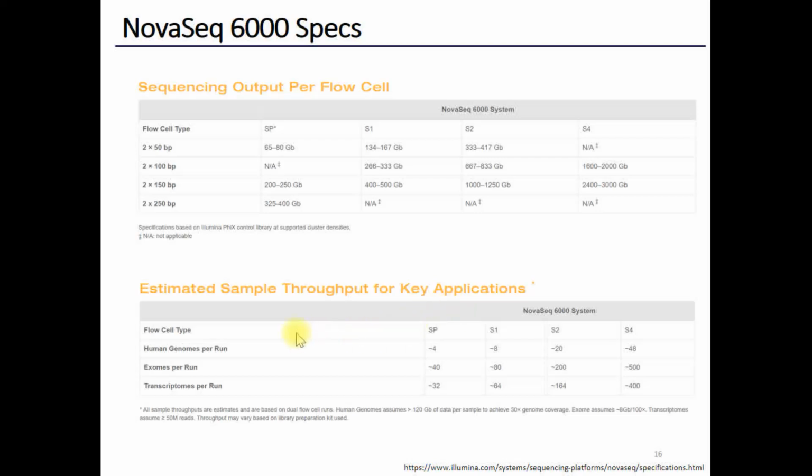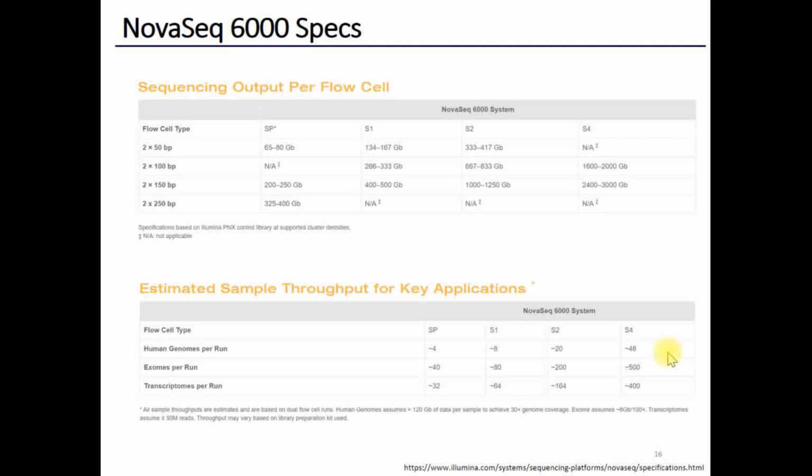For one run using dual flow cells, it can do 48 whole human genomes in one run, or 500 whole exomes, or 400 RNA-seq. That's very impressive. That's based on 30x genome coverage, or 100x exome coverage, or 50 million reads for RNA-seq. Usually we don't need 50 million reads for RNA-seq.